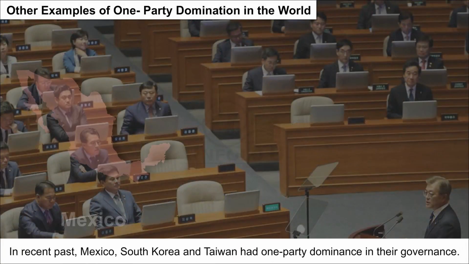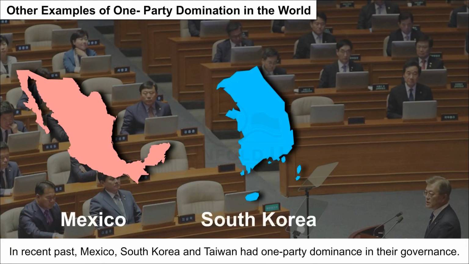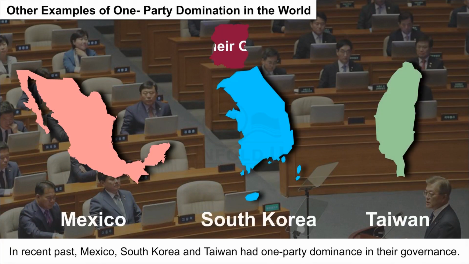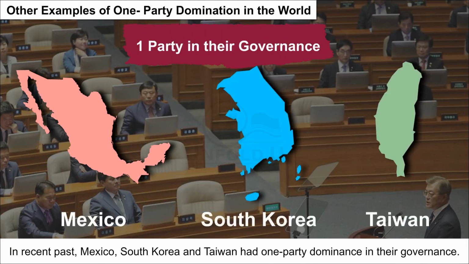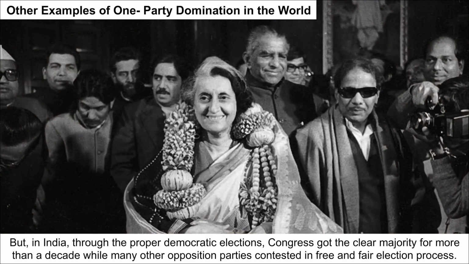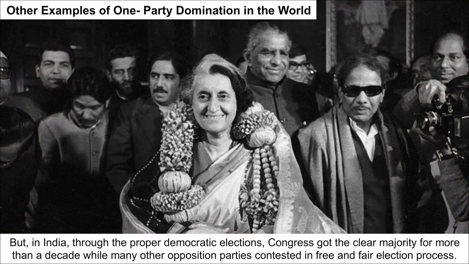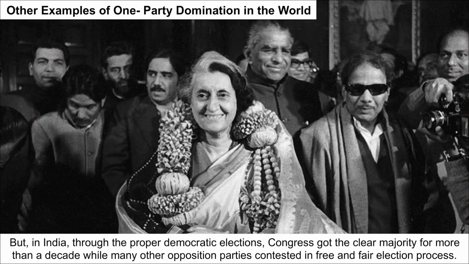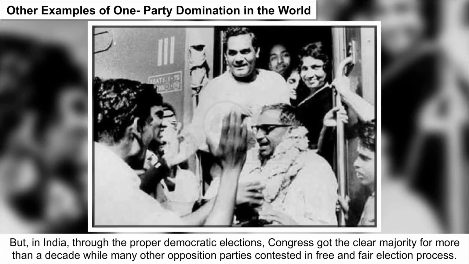In the recent past, Mexico, South Korea and Taiwan had one-party dominance in their governance. But in India, through proper democratic elections, Congress got a clear majority for more than a decade, while many other opposition parties contested in a free and fair election process.